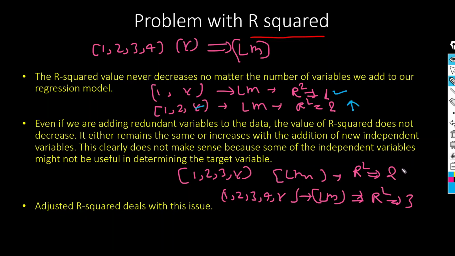Again we add, we get the same value. Again we add the fourth variable, our R square value increases. It means we can see that it either remains the same or increases with the addition of a new independent variable, right? So what can you get from this explanation?